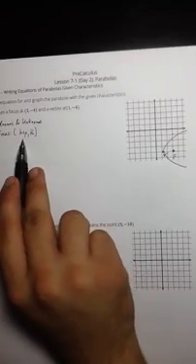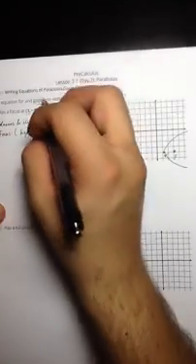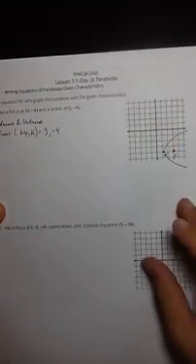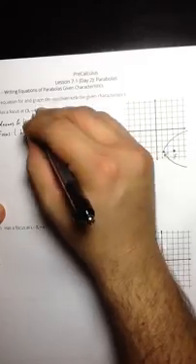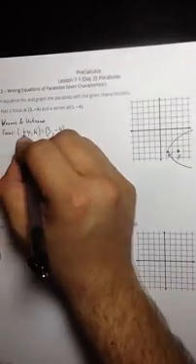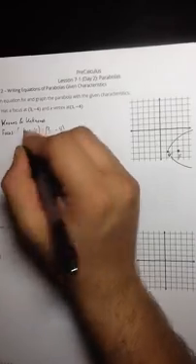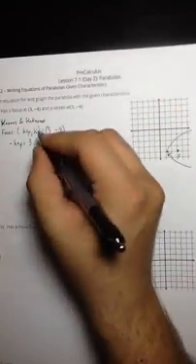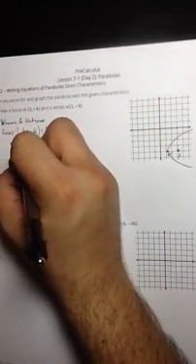That's why we use this focus formula. We know the focus is h plus p, k, so we set that equal to 3, -4, because that's the focus given in the problem. Now we know that h plus p is equal to 3 and that k is equal to -4.